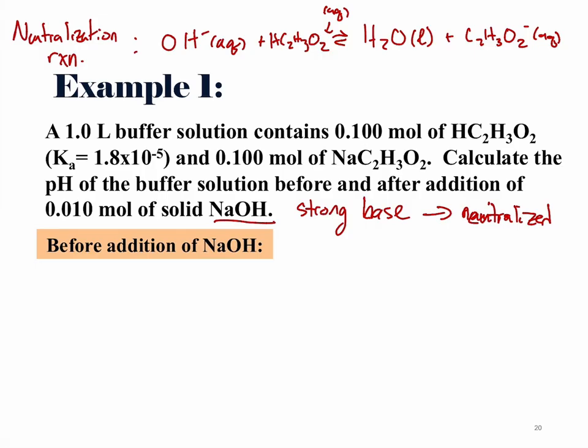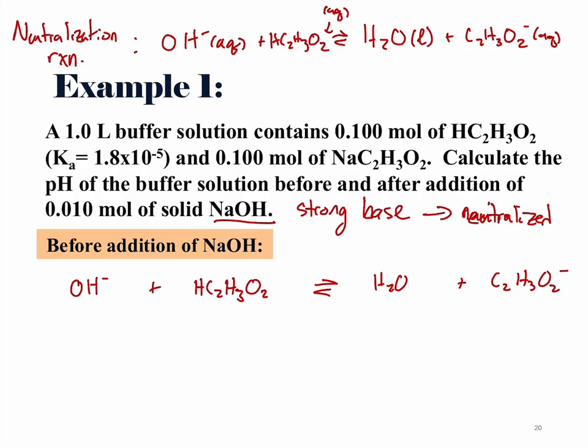So I'm going to write our neutralization reaction again down here: OH minus plus HC2H3O2 gives H2O plus C2H3O2 minus.